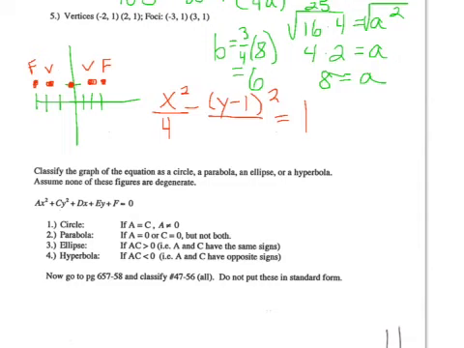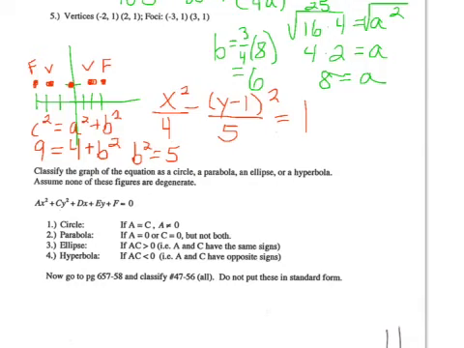So we can use our equation c squared equals a squared plus b squared to find out what b squared equals. Since the c value is 3, we know that c squared is 9. We know that a squared is 4. And now we can tell that b squared equals 5. So we'll put a 5 underneath our y minus 1 squared term.